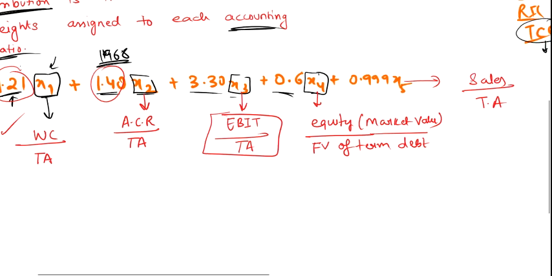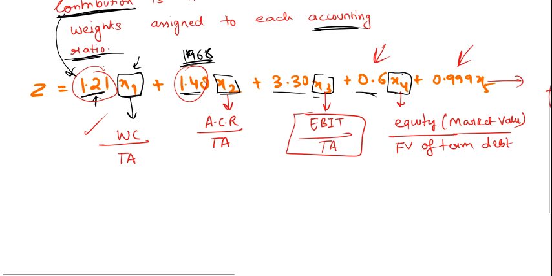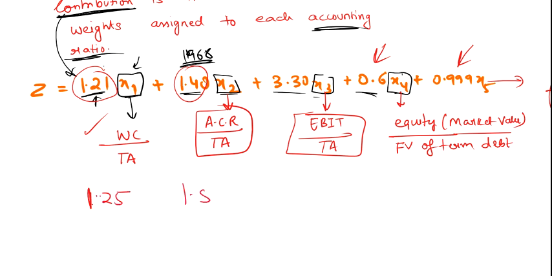When it comes to sales by total assets, it's approximately 1. Equity by face value is approximately 0.5. Accrued capital reserve is approximately 1.5. Working capital by total assets is approximately 1.25. Clear? So it's approximately 1.25, 1.5, 3.5, 0.5, and 1.